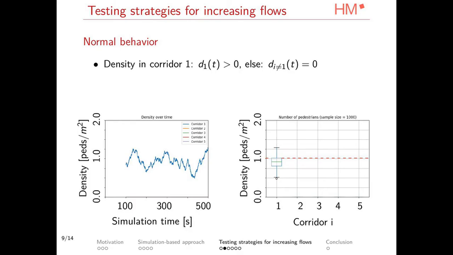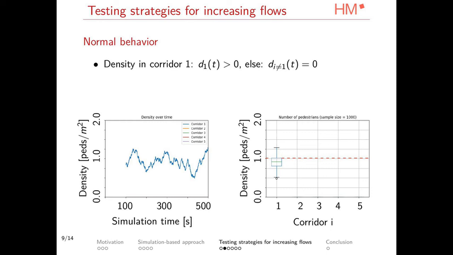Okay, so what does that mean for the densities? The figure on the left depicts how the densities evolve over time. We look at the densities between the simulation time 100 seconds and 500 seconds, that is the simulation end, because here we have a steady flow. And on the right, the corresponding density distribution is depicted.